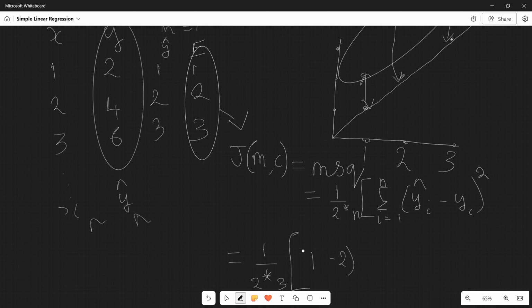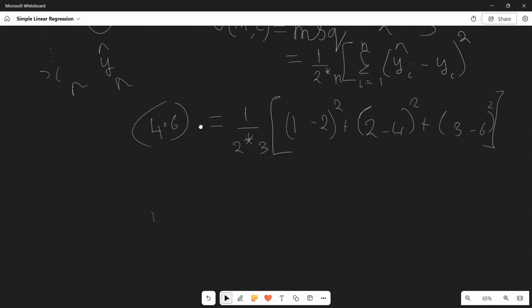So (1 minus 2) the whole square plus (2 minus 4) the whole square plus (3 minus 6) the whole square. This would give me some output. Let's say, for example, after calculation, it gives me 4.6 as the output. I think you are all clear up to this.